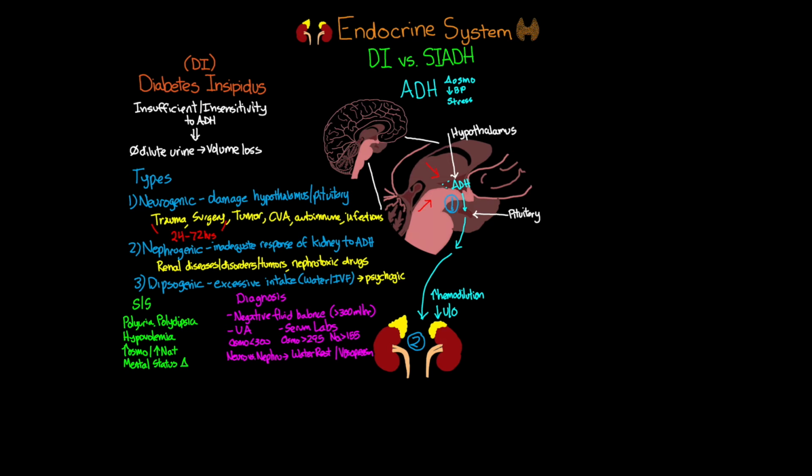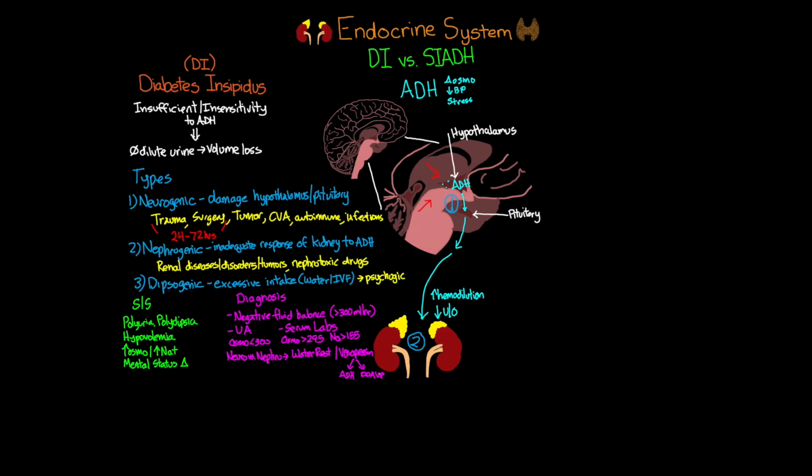The other test we can do is the vasopressin test. So once again, we don't want to give them fluids and we want to record their output at baseline. And then from there, we're going to either give them pitressin, which is ADH, or we're going to give them desmopressin, which is DDAVP.